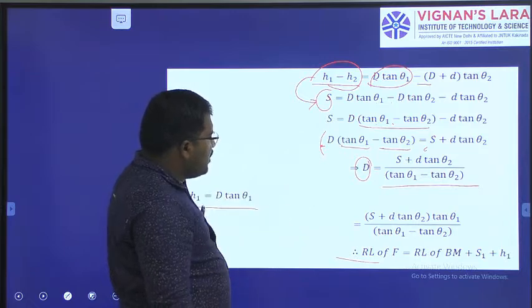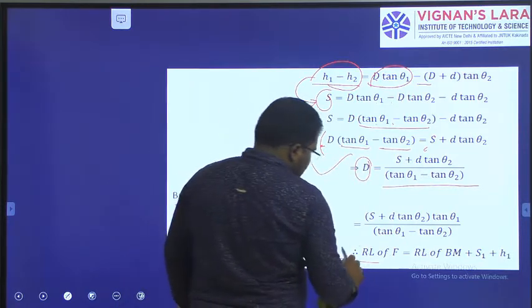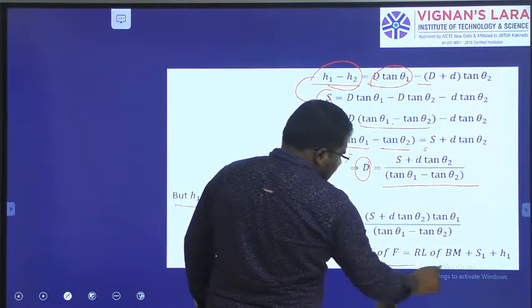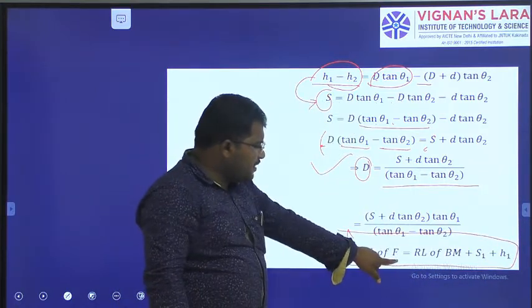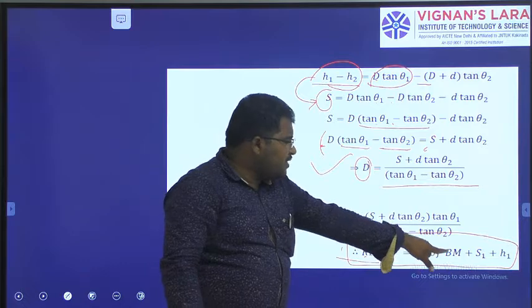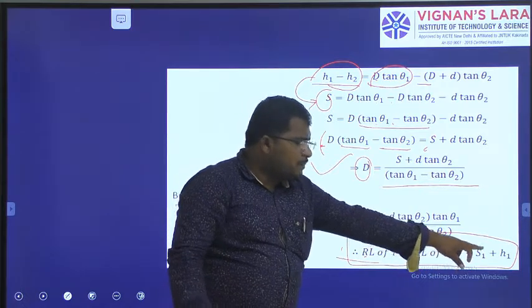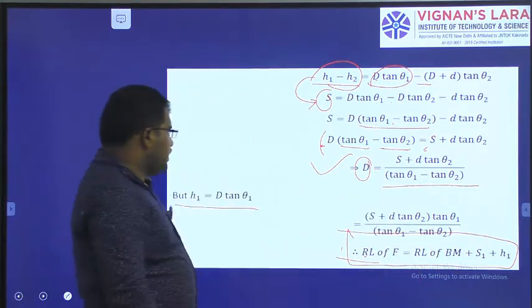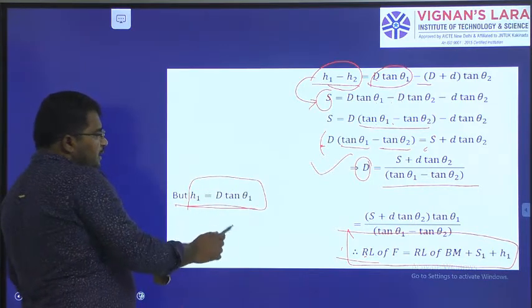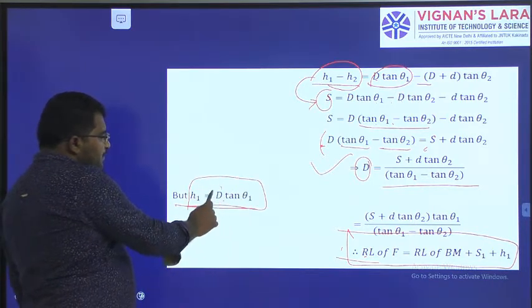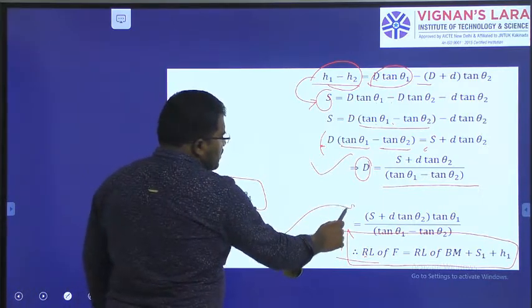Finally we are going to get this value. So finally the RL of F is given as RL of benchmark plus S1 plus H1, right? H1 will be equal to D tan theta 1, and instead of D we are going to substitute this value.